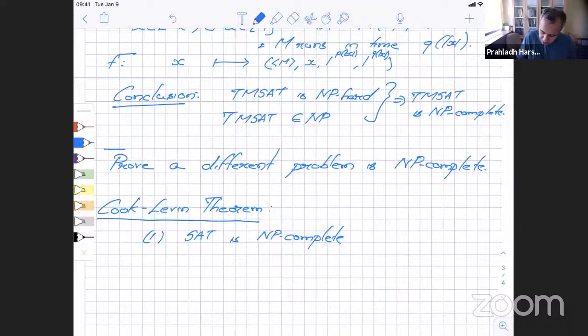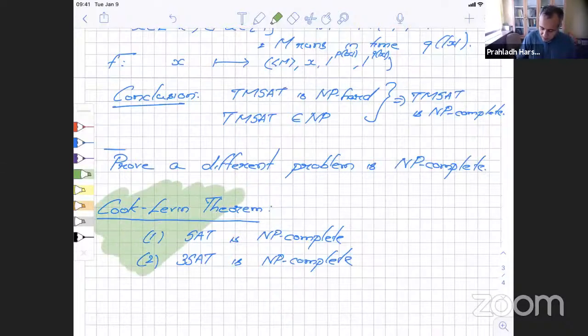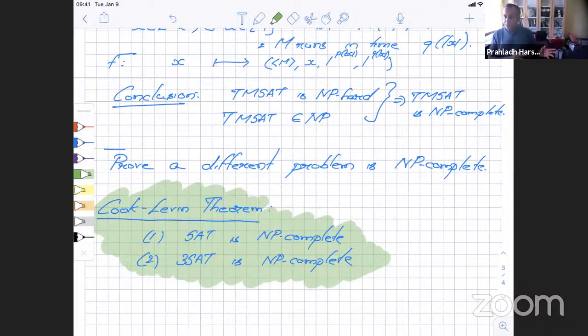In particular, they also showed that a very specific case of SAT, which is 3-SAT, is also NP complete. That's going to be the highlight of today's lecture. We will see the consequences of the Cook-Levin theorem and prove it in lecture today. Okay, any questions so far?